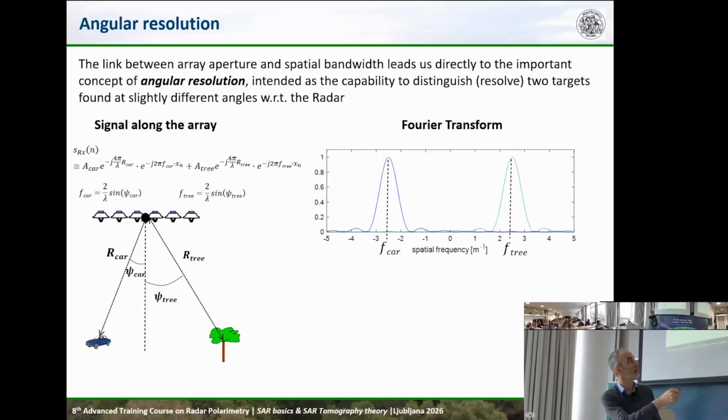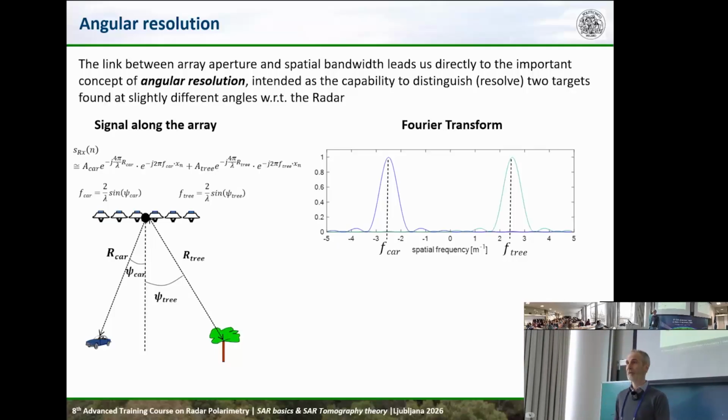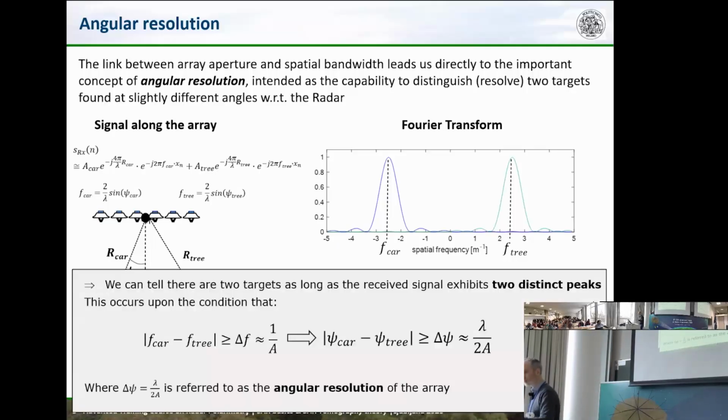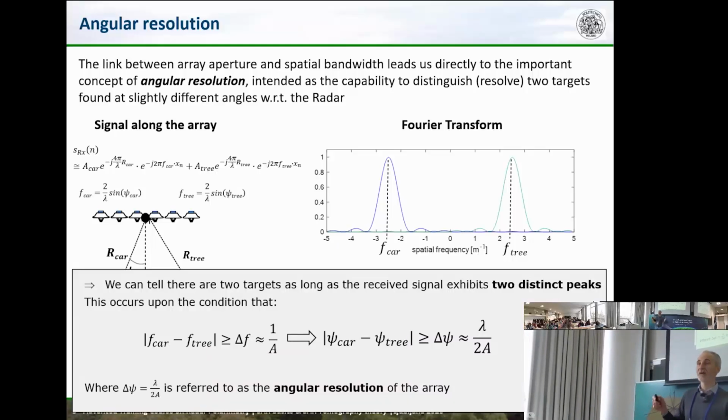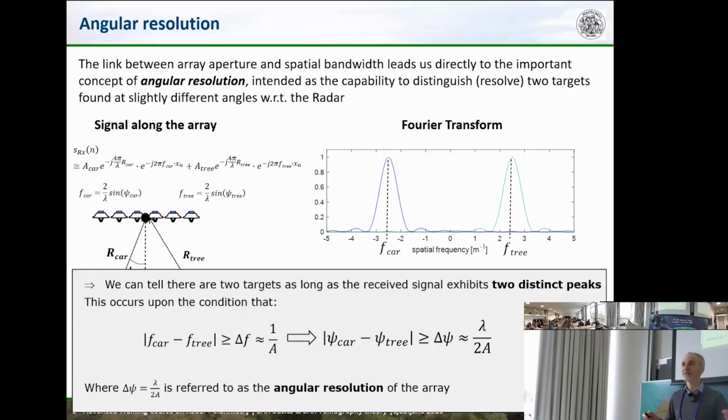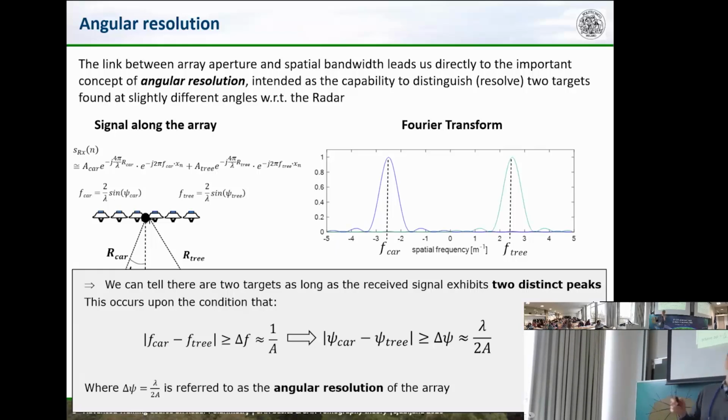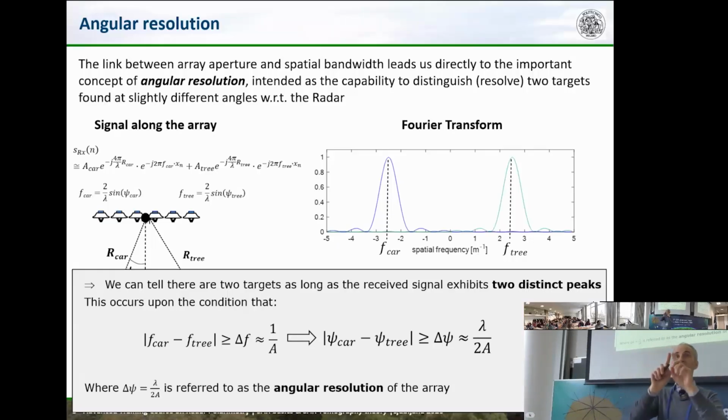A peak for the car, a peak for the tree. If I take the maxima of the two peaks, I know the angular position of the car and of the tree. And now, why angular resolution? Well, we can resolve the two targets, so that we can tell that there are actually two targets and not a single one, as long as the two peaks do not overlap.